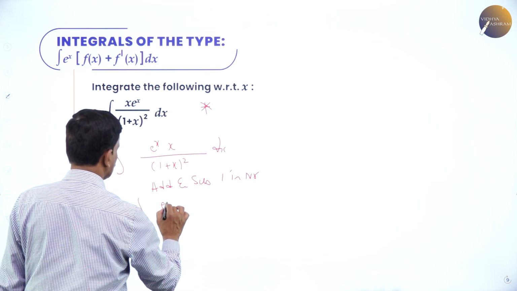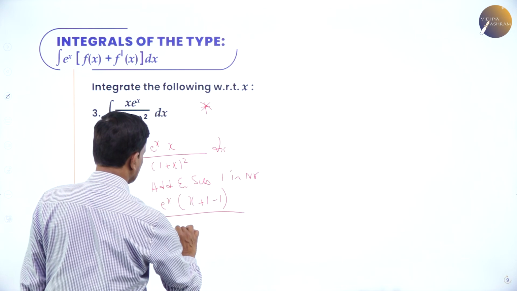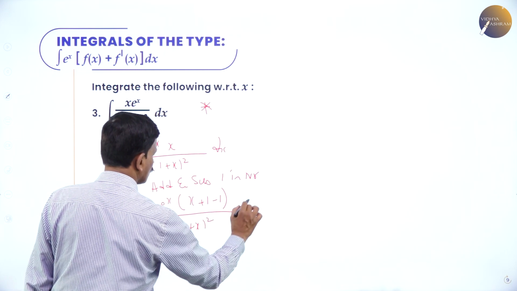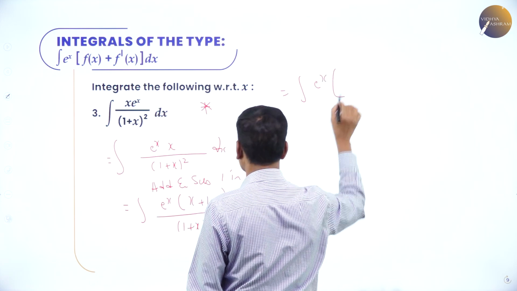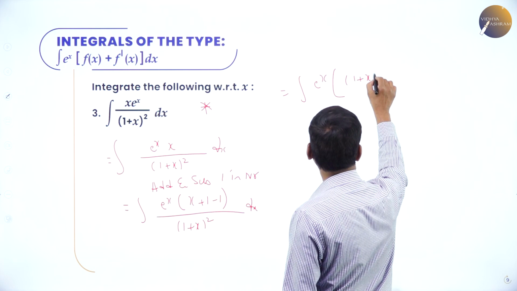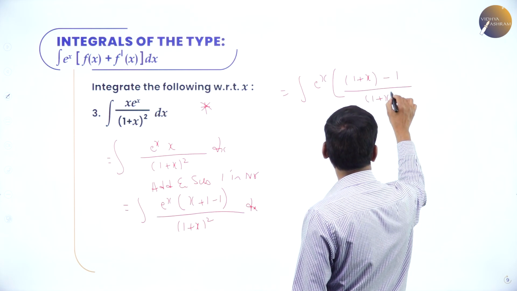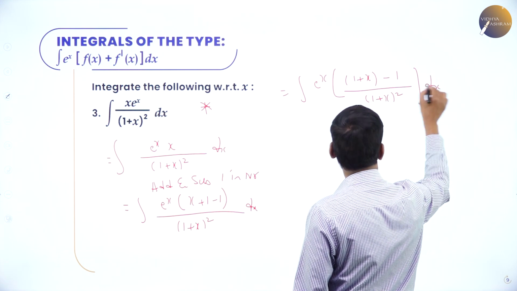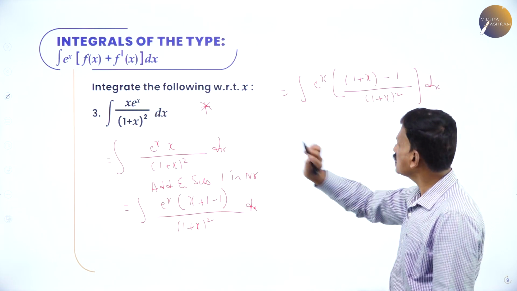So, that is e to the power of x into (x plus 1 minus 1) divided by (1 plus x) whole square dx. This can be written as e to the power of x into, just make this as one group, (1 plus x minus 1) divided by (1 plus x) whole square. See here, 1 plus x minus 1 plus 1 gets cancelled, we will get the same step.